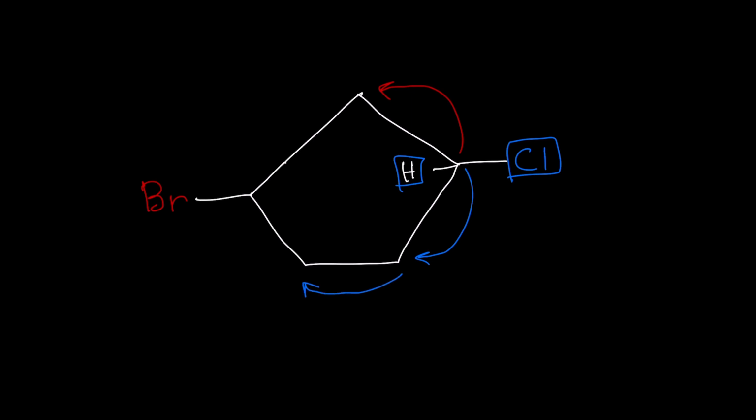We have a carbon here, and it seems that on the right side we've hit something different. We've hit a carbon with a bromine, but on the blue side here we haven't hit a carbon with a bromine. We've just hit a carbon with 2 invisible hydrogens. So therefore we consider the 2 groups coming out of this carbon to be different from one another, and since they're different, it would be a chiral carbon.